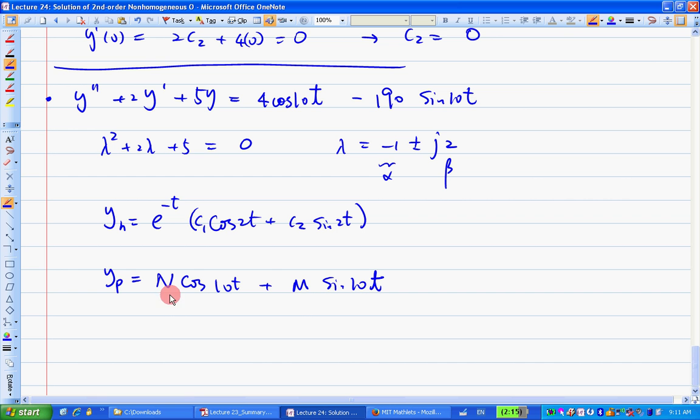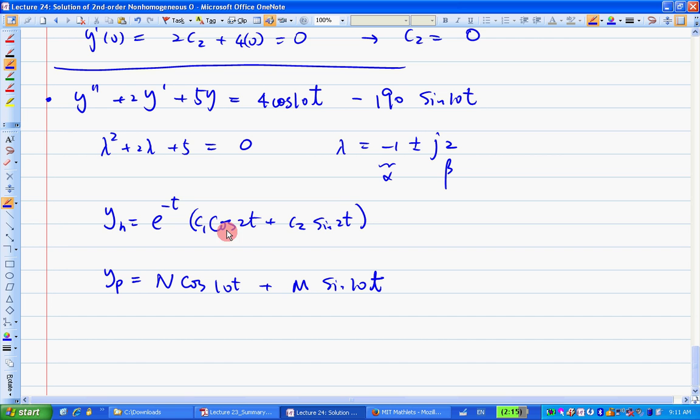So I need to solve for n and m, but before we do that, the question is: do we need to modify this yp based on the modification rule or not? Does this duplicate any of the terms in yh? No, right? Now, what if this is not 2 here? What if this is 10 here?